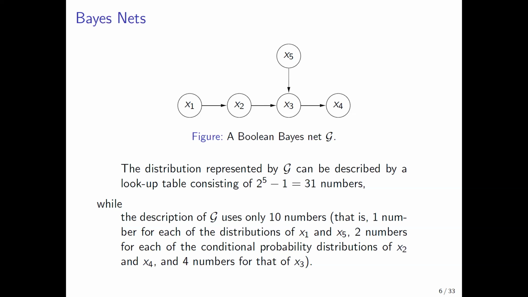The distributions of x1 and x5 can be described by one number, because we know that the sum of the probabilities of the possible values that x1 can assume, for example, must sum to 1. So we only need to describe one of these values. Similarly, two numbers are enough for each of the conditional distributions of x2 and x4, and four numbers are enough for the distribution of x3. This gives 10 numbers.